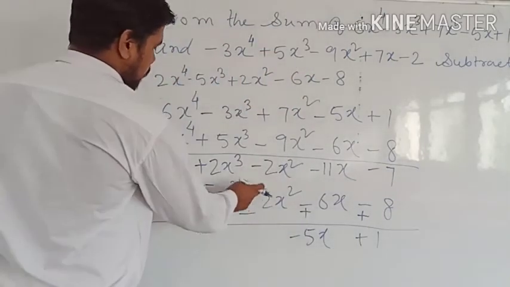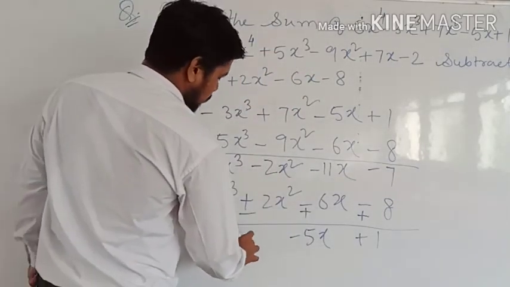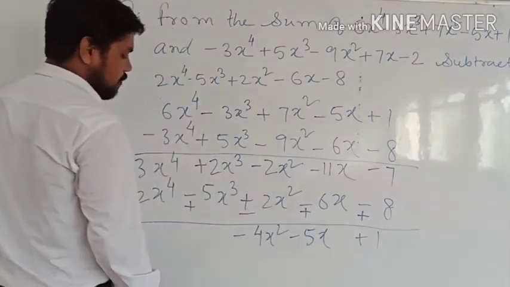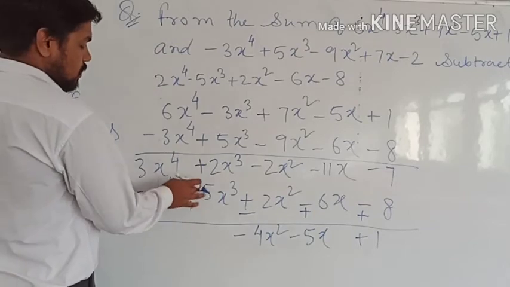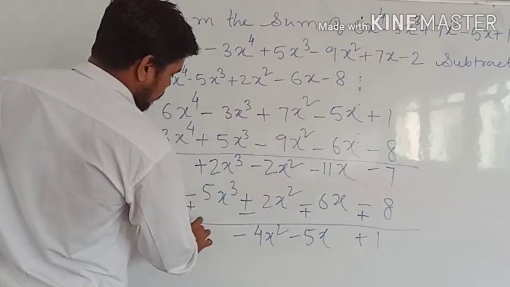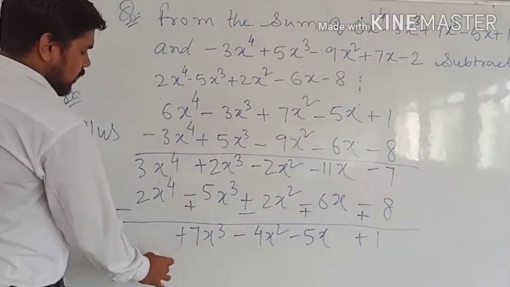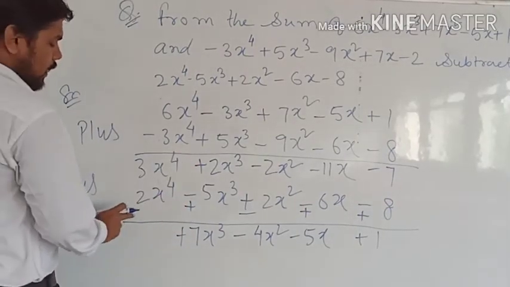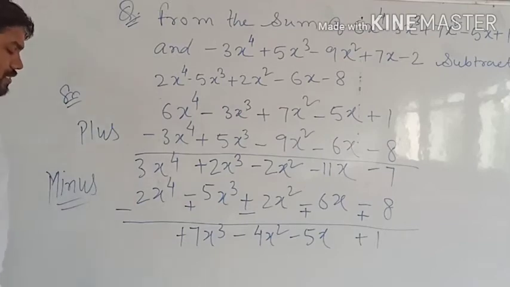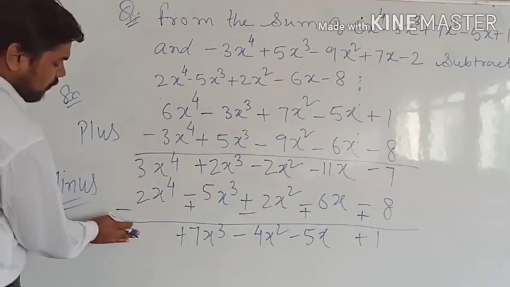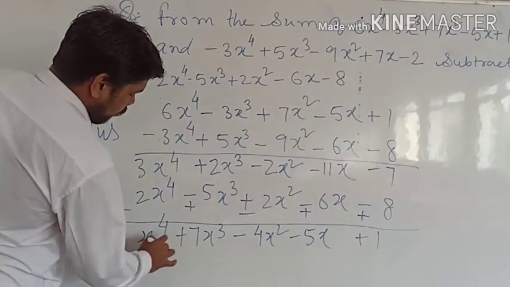Here both are minus, so minus minus minus 4 x square ऐड हो जाएगा. दोनों सेम साइन है. यहाँ भी 5 plus 2 7 x cube हो जाएगा. ठीक है. So प्लस साइन होगा यहाँ पे because प्लस प्लस and here 3 minus 2 is 1. So x to the power 4 will be left here.